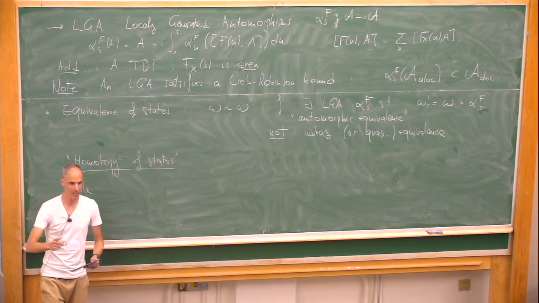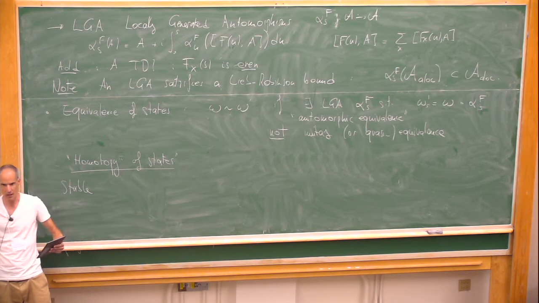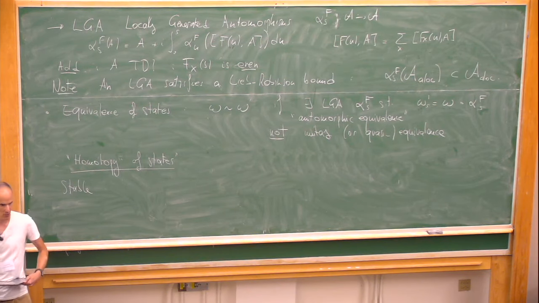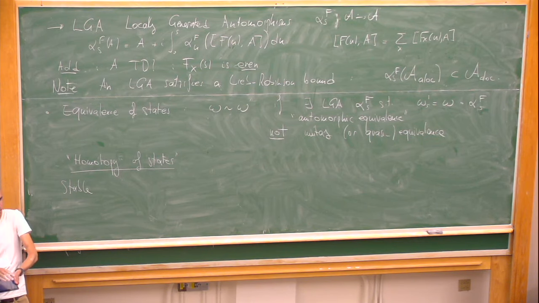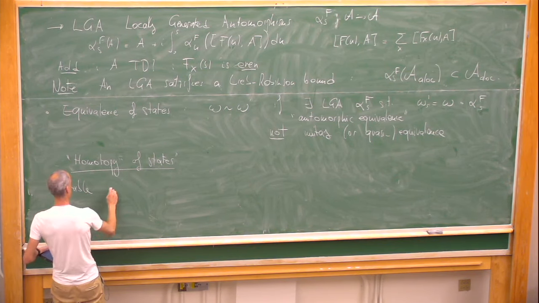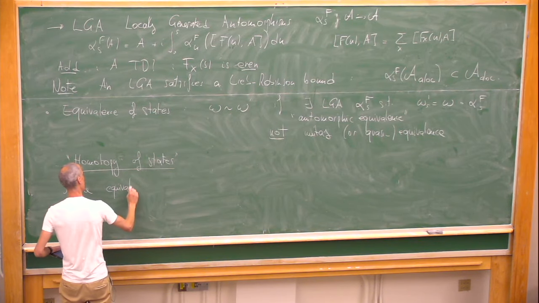But you can untwist it if you embed this in R4 or R5. I think in R5 you can certainly do it. So in a sense, you need to embed your problem in a larger space to do these smooth deformations. That's sometimes called stabilization, and I will define stable equivalence.